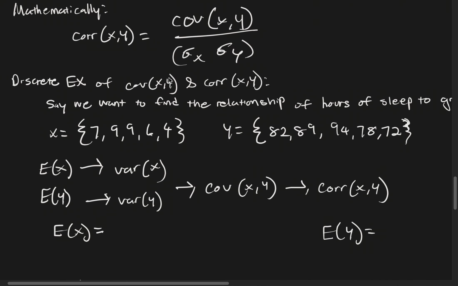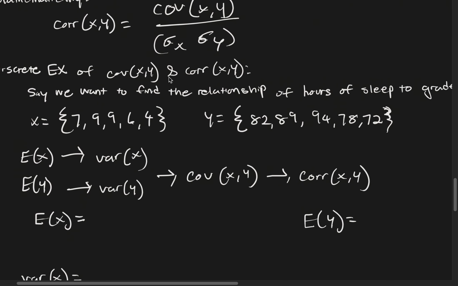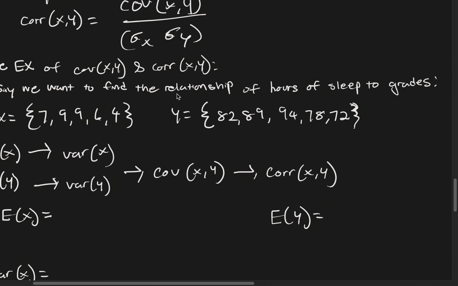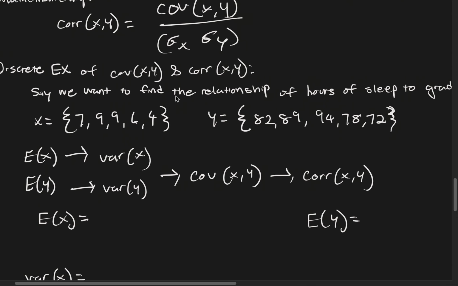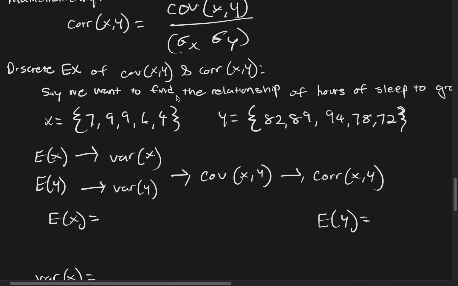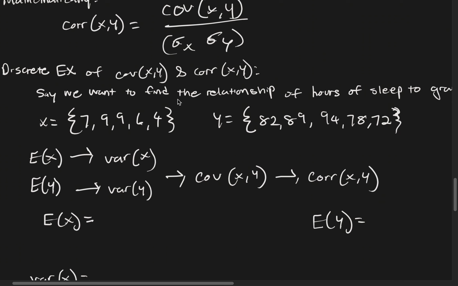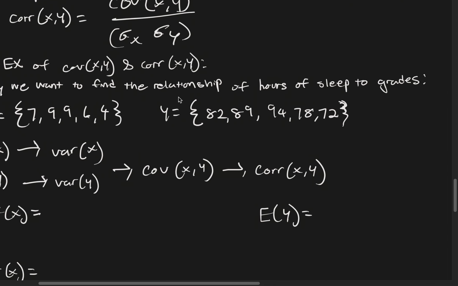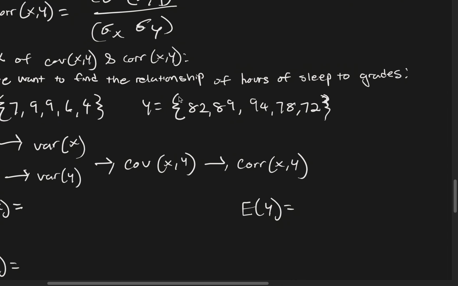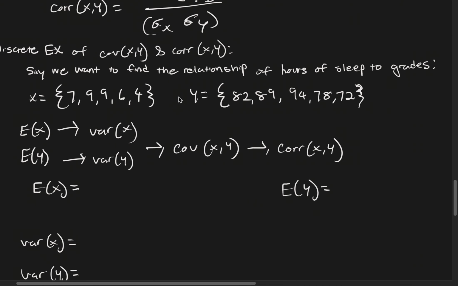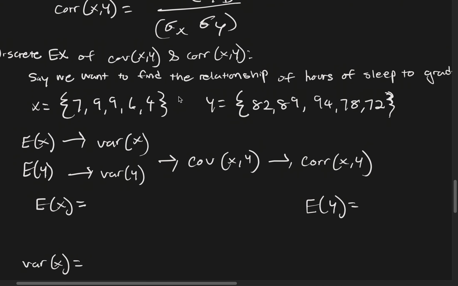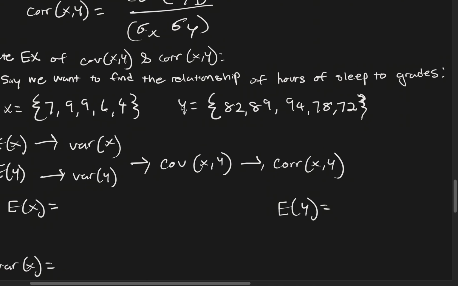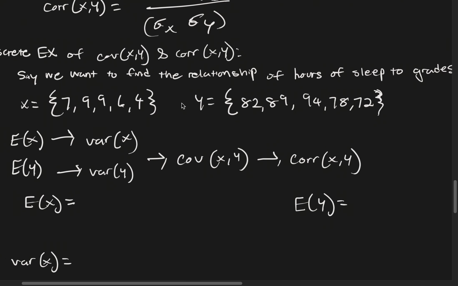All right, so a discrete example of covariance and correlation. We can't really use a dice example in this case because there's no other data set we can use with the dice example to find a relationship. So let's use a better example. Let's say we want to find the relationship between the amount of hours students sleep and the grades they receive.